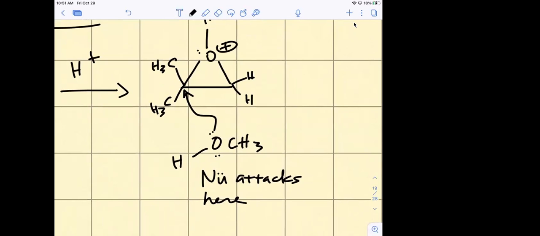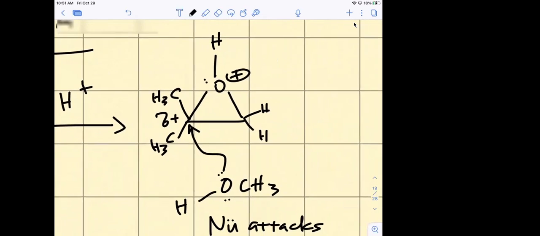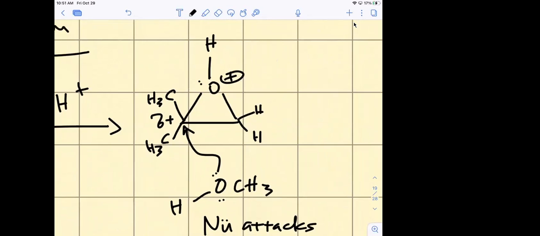All right, that carbon that's on the left side is tertiary. So this is going to be more partially positive than the other carbon, right? And you can even think of a scenario where that bond actually breaks first before the nucleophile attacks, right?